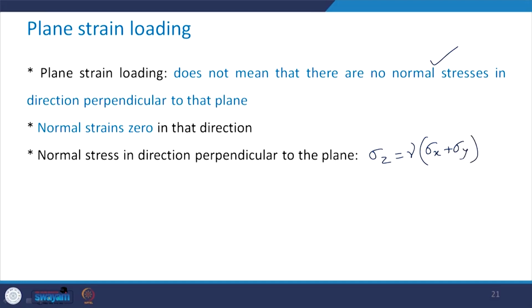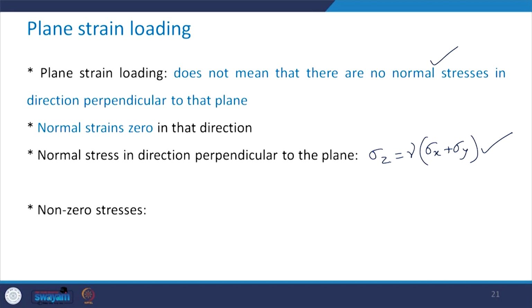And how can you determine this? You know that epsilon z is equal to 0 when you have plane strain loading. I have given you the expression for epsilon z, just substitute that to be equal to 0 and you will get this expression, that is sigma z equal to nu times (sigma x plus sigma y).